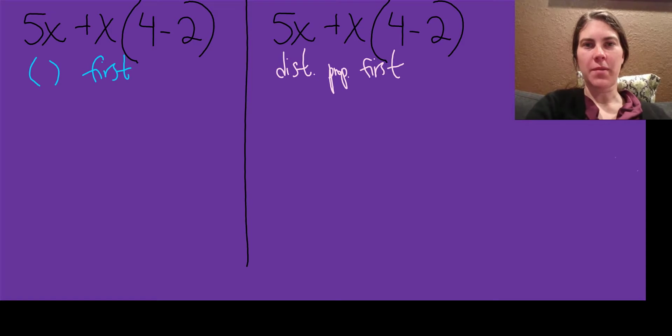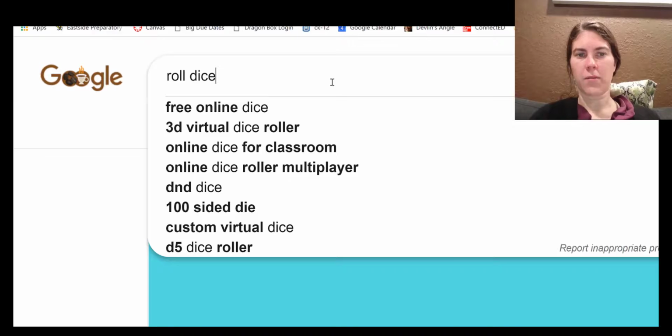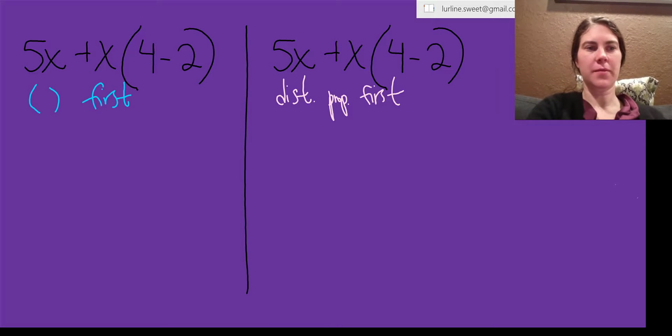I'm just going to make up a number. 2, 3, negative 12, a 5. Alright, I just rolled the dice, and for both of these problems, we're going to say x is 5.